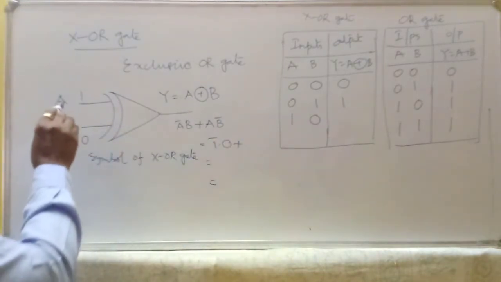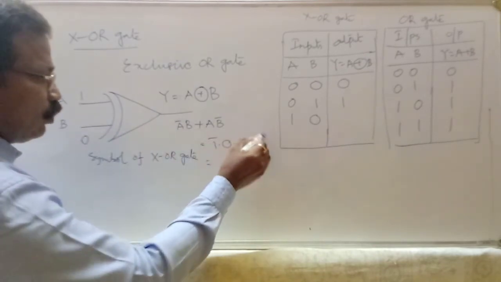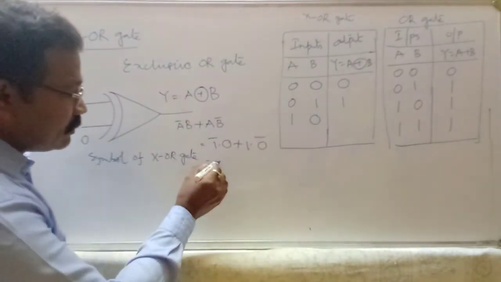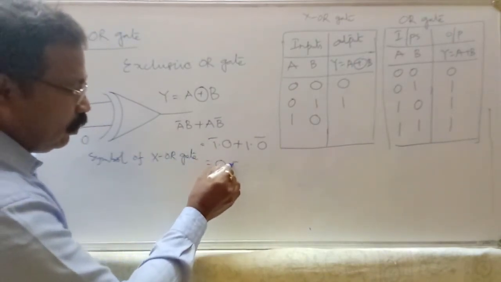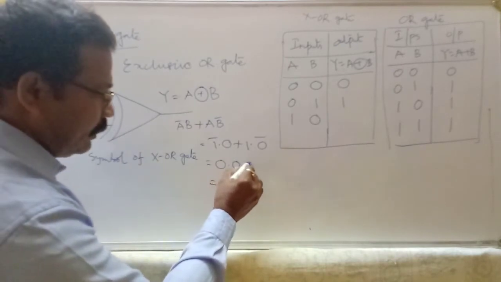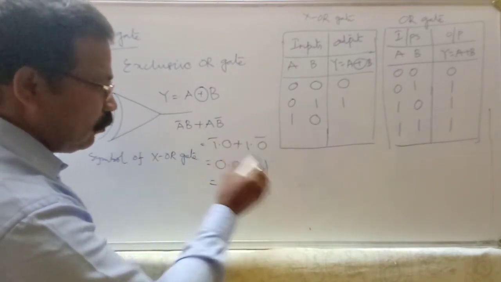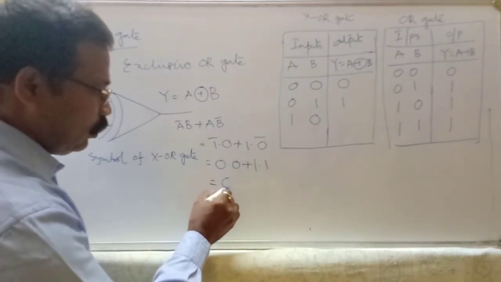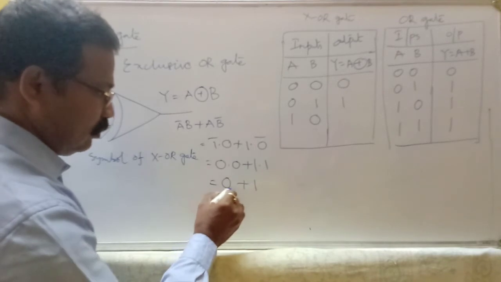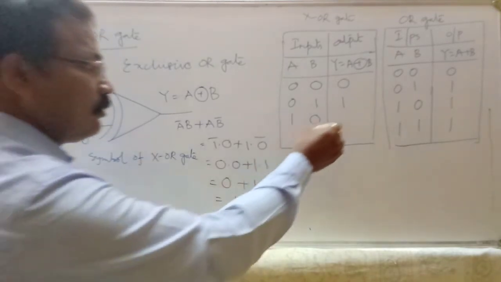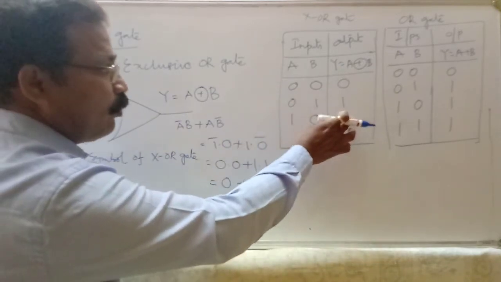Plus A, which is 1, into B bar, 0 bar. What is the complement of 0? 1. So 0 into 0 is 0, plus 1 into 1 is 1. 0 plus 1 is 1. So, when A is equal to 1 and B is equal to 0, the output becomes 1.